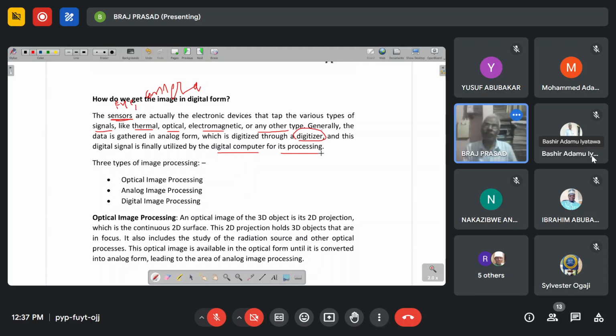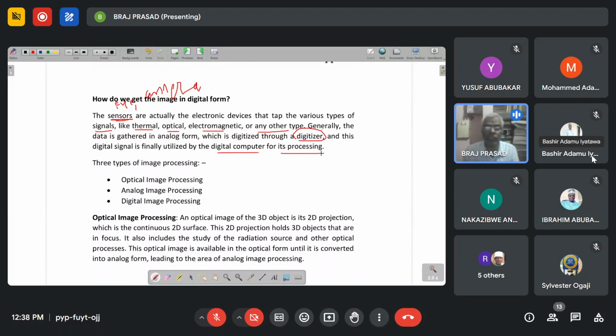In analog form, the storing of information or data is costlier than digital data. So we need to convert all data into digital form, so that the storing of that data or information becomes less costly than the analog form, and it is easy to transfer from one location to another.